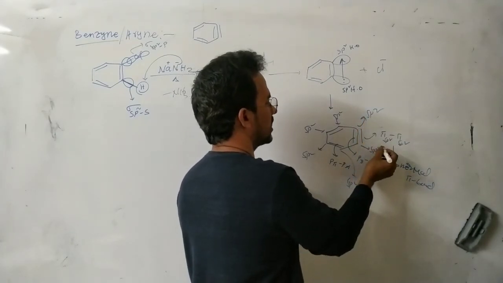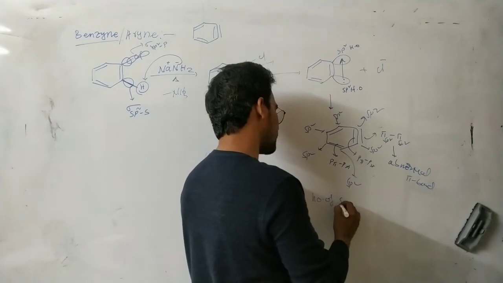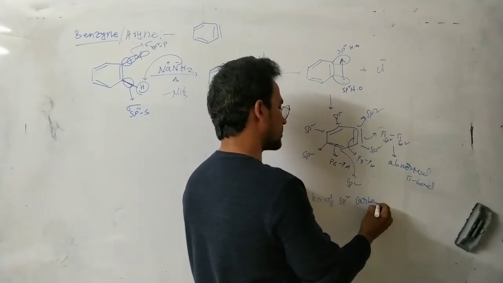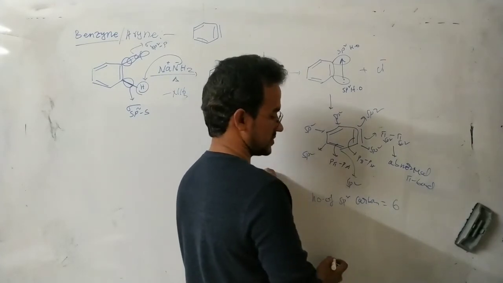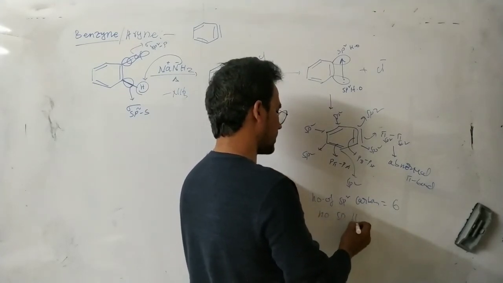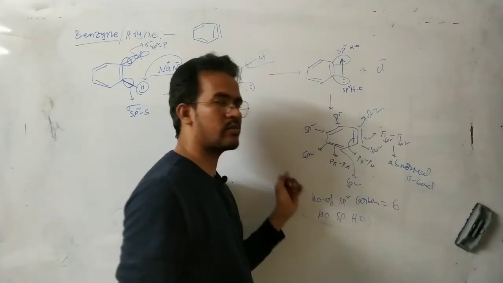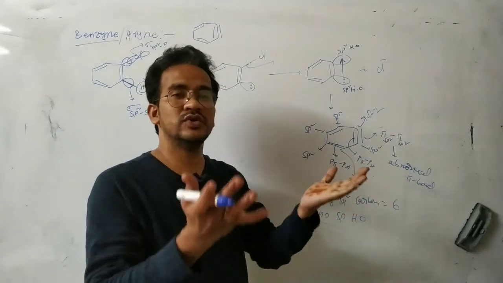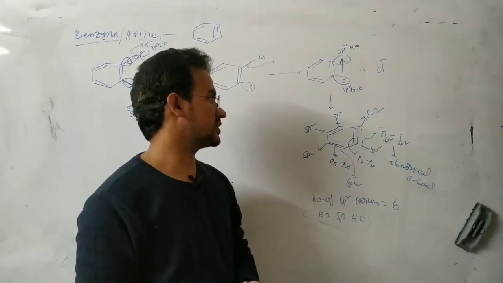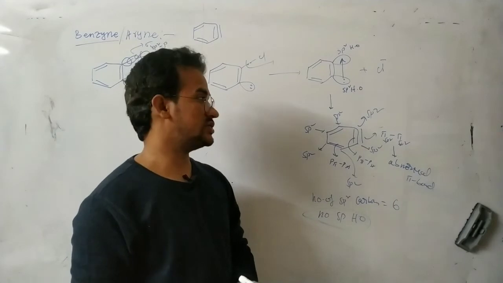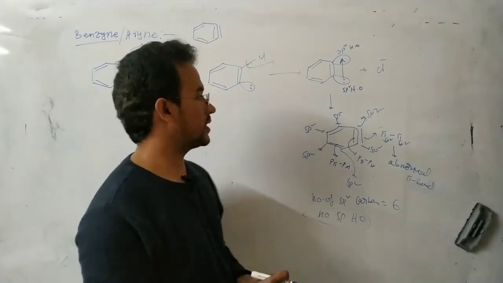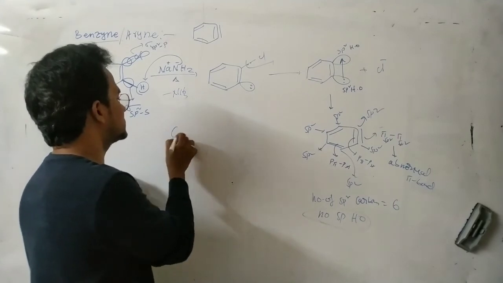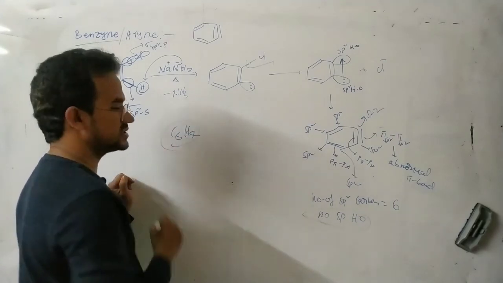So the number of sp2 carbons in benzyne is 6, with no sp hybrid orbitals, because the bond is formed by the overlapping of two sp2 hybrid orbitals. That is very important. So that is benzyne actually. Its formula is C6H4.